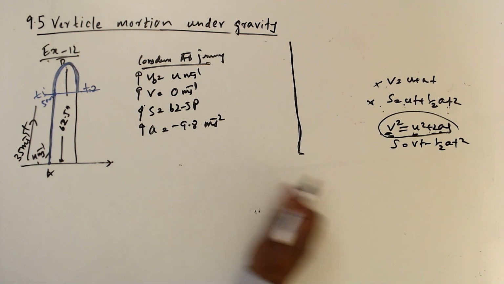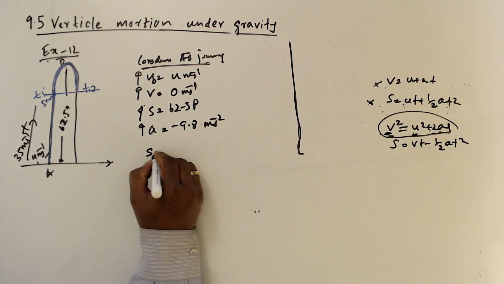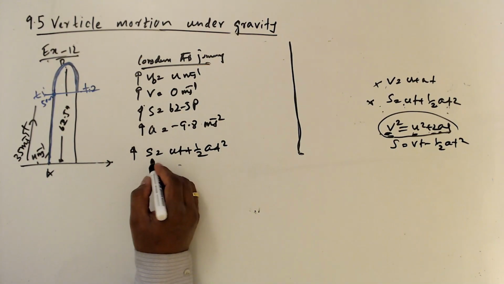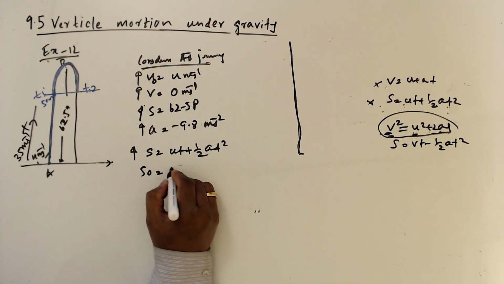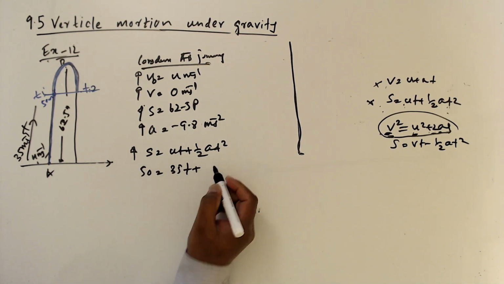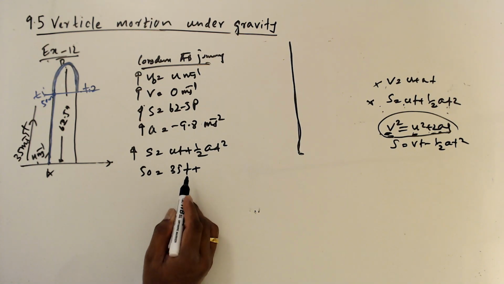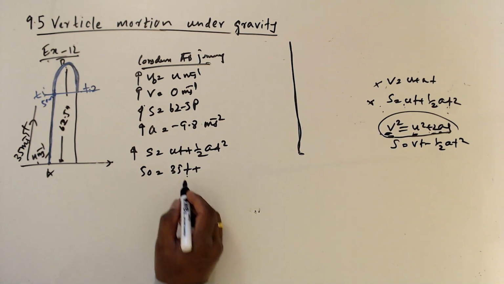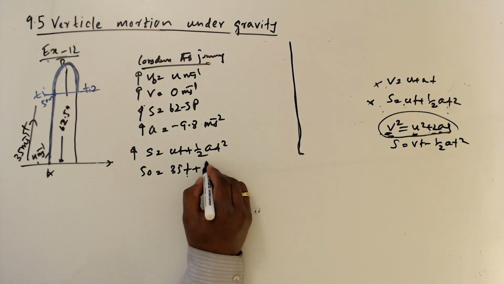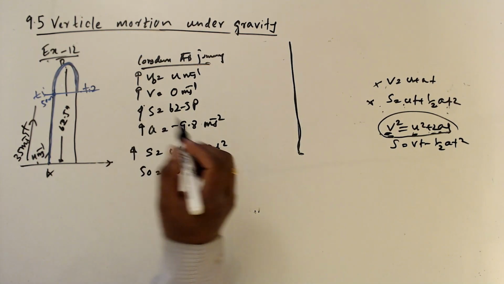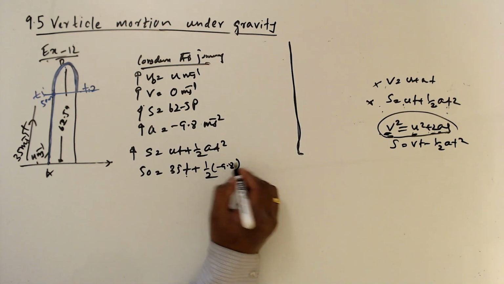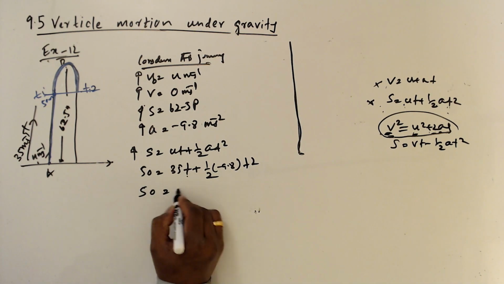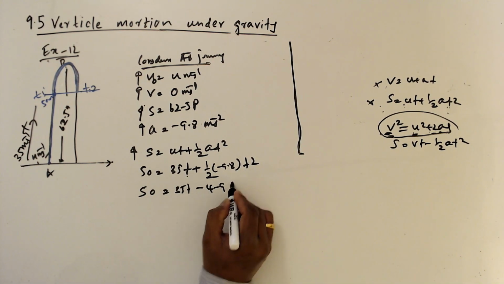So we'll consider s equals ut plus half at square, upward. H is 50 meter, u we now know 35, and t is the time the particle takes to travel 50 meter, and half a, upward, is 9.8 times t square. So this is going to be 50 equals 35t minus 4.9t square.